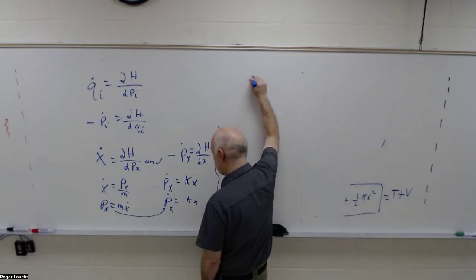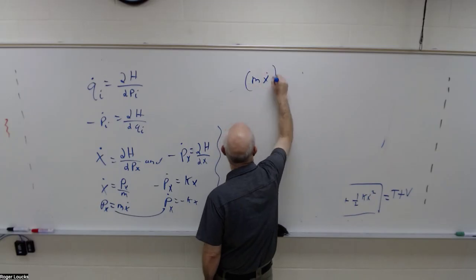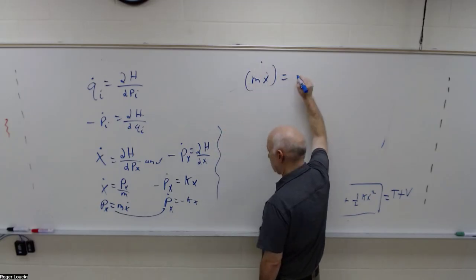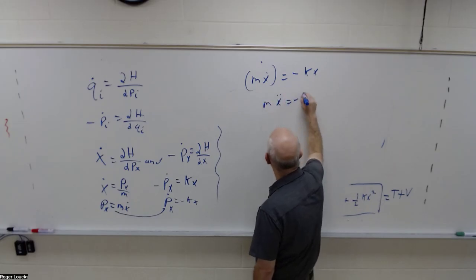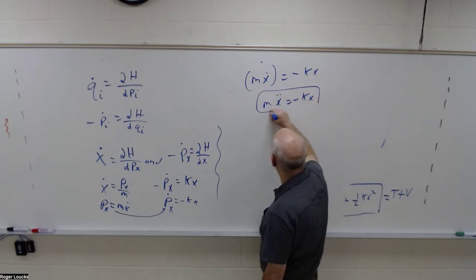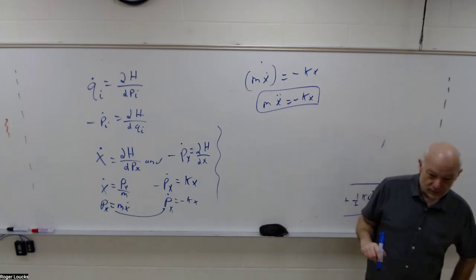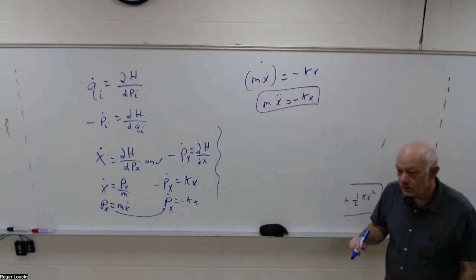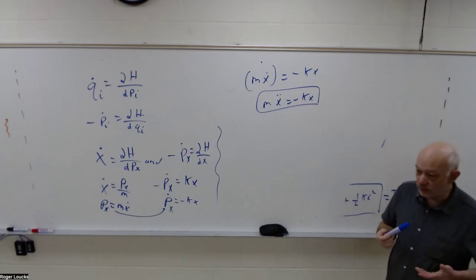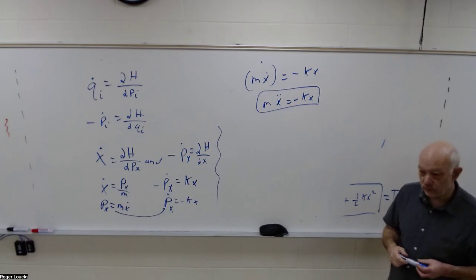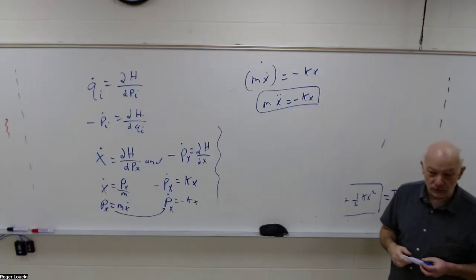You get m x dot equals minus kx. So this is just m x double dot equals minus kx. Yeah, F equals ma. So you could solve the string problem this way, but this is basically using a howitzer to solve the string problem. This is beyond overkill.